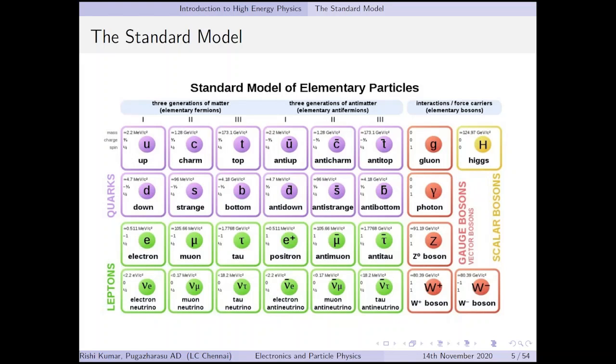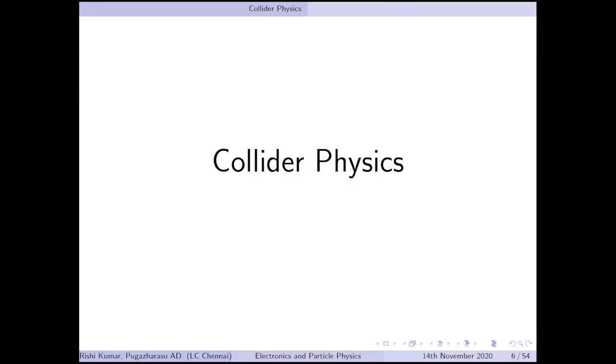So, for example, your quarks have half integer spin, and your leptons have integer spin. So that is a very small example of how the entire standard model, as we know it right now, is constructed and categorized.